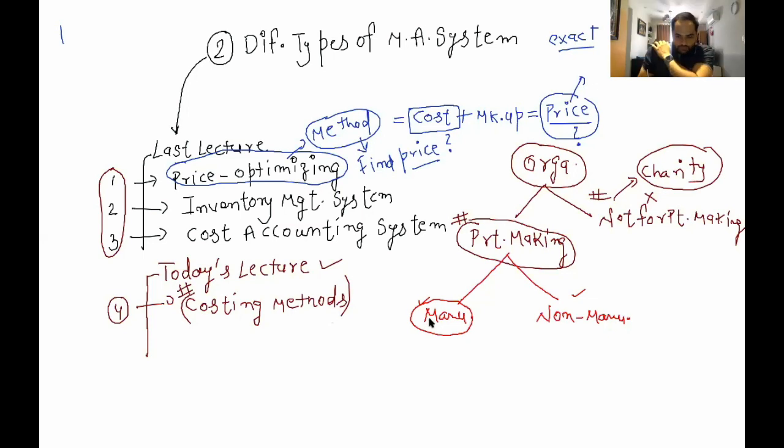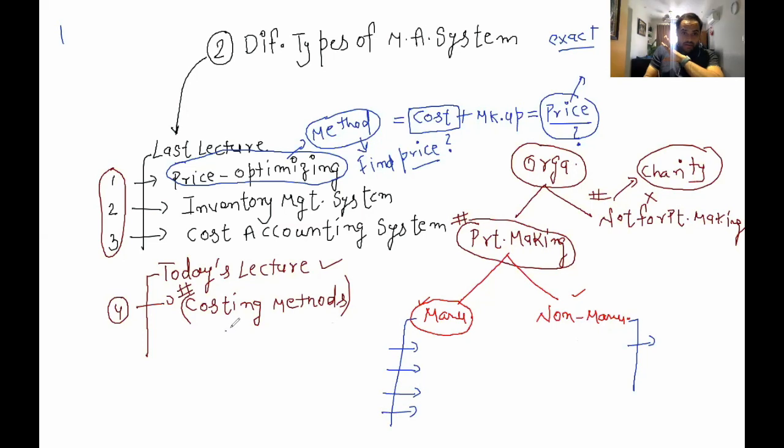So now, manufacturing companies. In order to estimate the cost of manufacturing companies, we have to study 4 methods, right? And for non-manufacturing, we have 1 method.